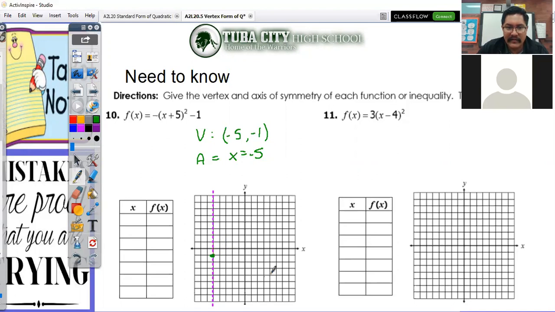So my parabola is going to pass through there. Let's put -5, -1 right there. And pick a few numbers going down, or wait, okay, down would actually be -6. So if I'm going this way, that'd be -6, -7, -8. This way would be going up.